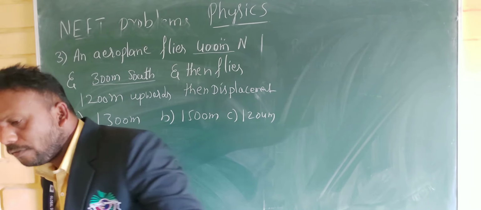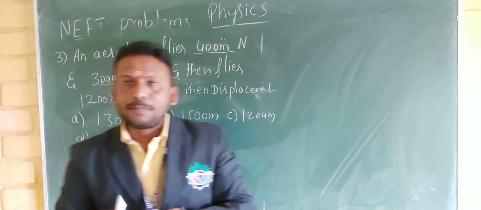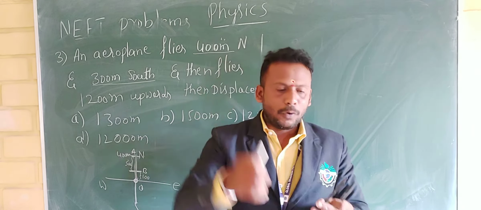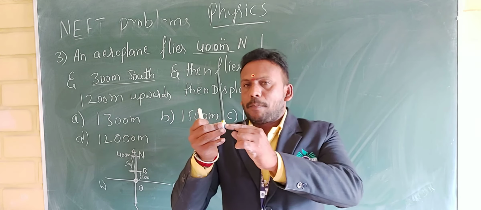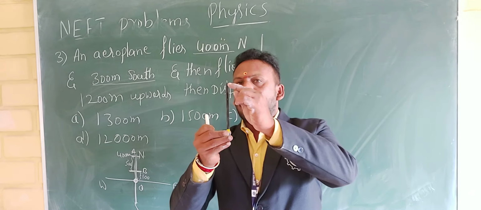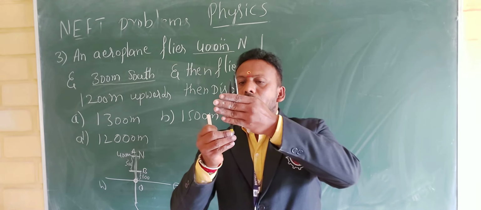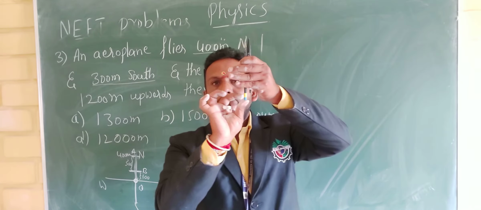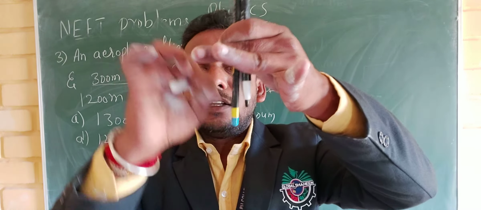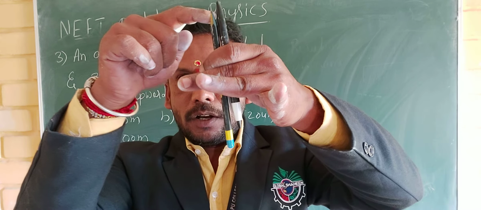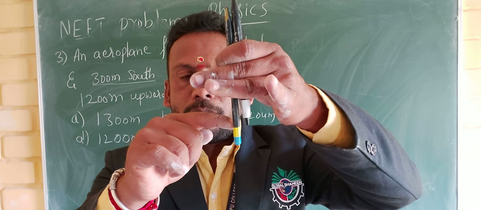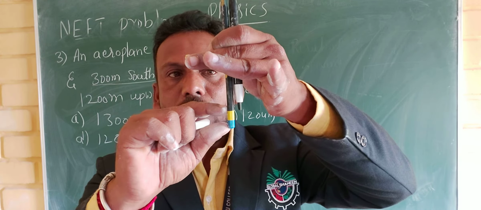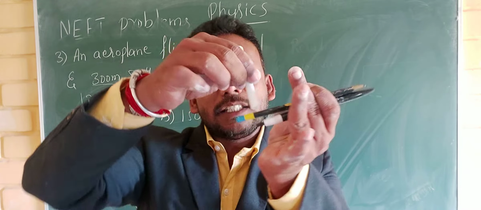Imagine this pencil is north and this one is south and the chalk piece is the upward direction. The aeroplane moves 400 meter north and comes south 300 meter. The displacement is 100 meter. From this point it flies in the upward direction.